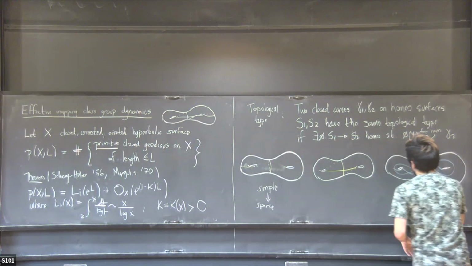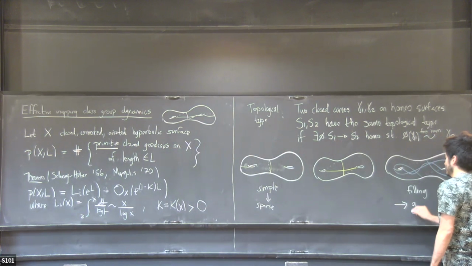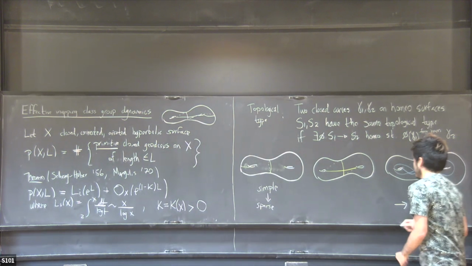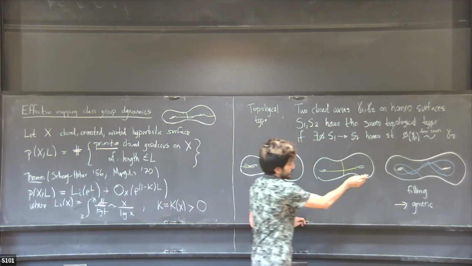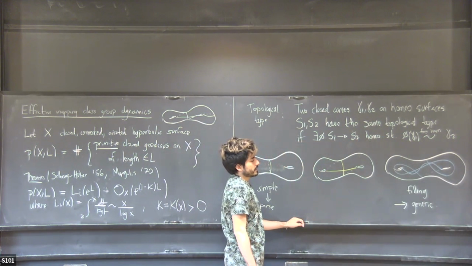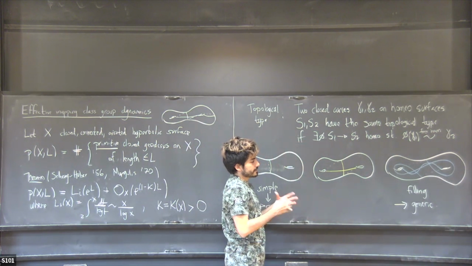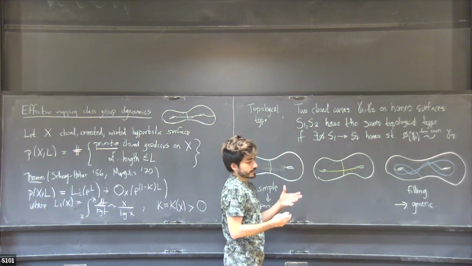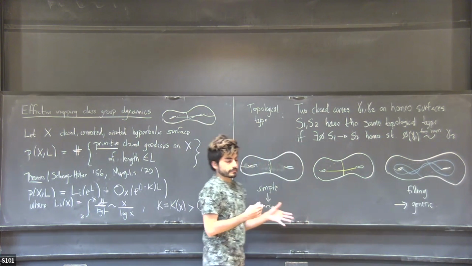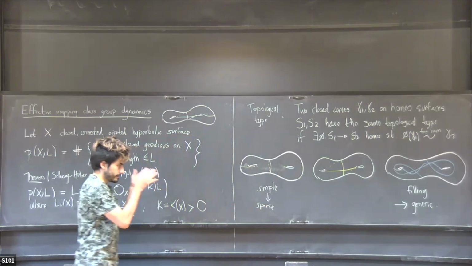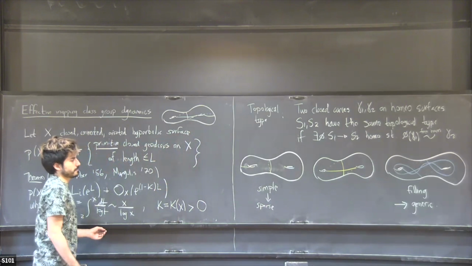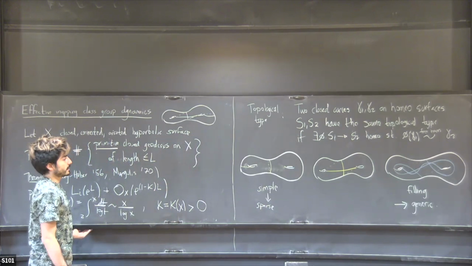And actually, this is a generic situation, in some precise sense that I won't explain for the sake of time, but you can show that the generic situation for closed geodesics is that they fill the surface, that you cannot avoid them. So in general, that's what we are going to be aiming for, and those are the geodesics that we'll care about most.